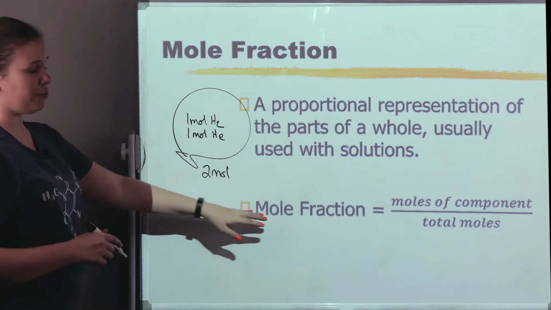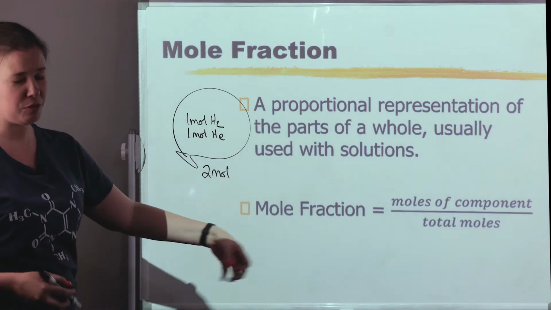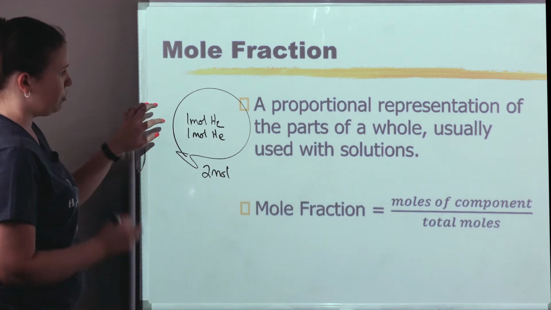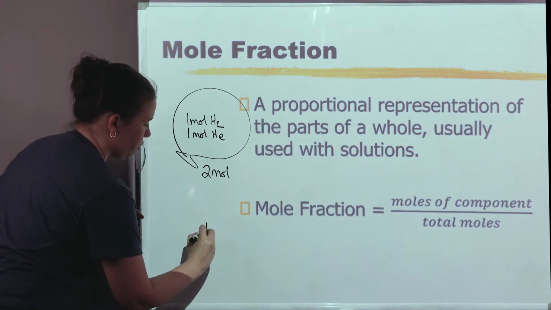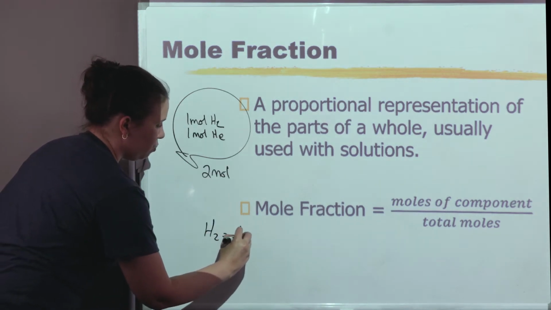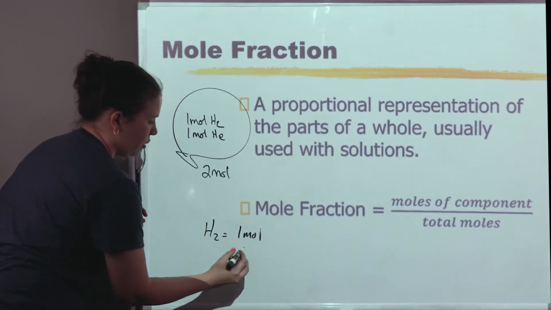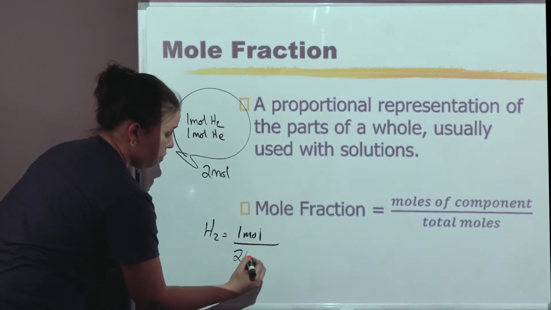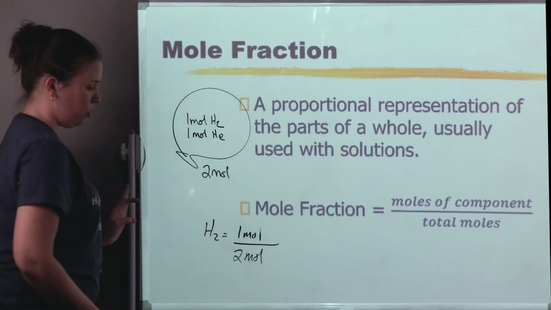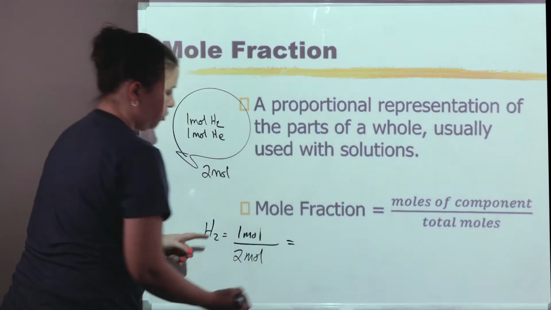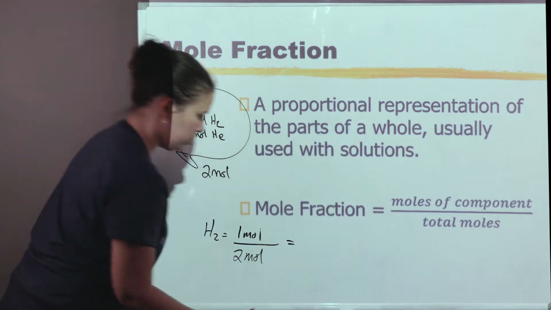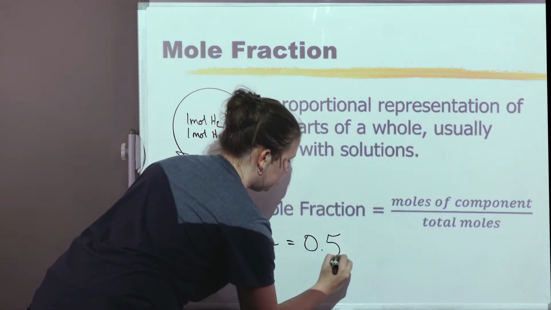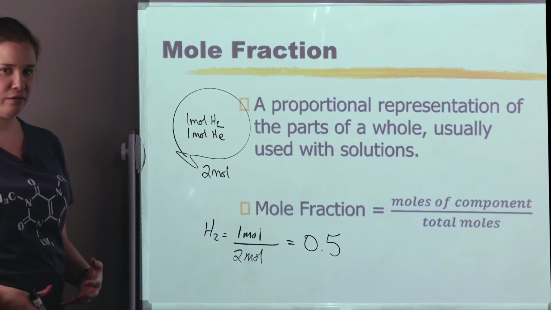The catch is mole fraction is actually kind of a misnomer. It doesn't really mean fraction. So here's how I would do it for this example. Let's say I want to find the mole fraction for the hydrogen, which would just be 1 part hydrogen divided by the 2 total moles in the whole balloon. So that would be a mole fraction of a half, right? Mole fractions are actually represented in decimals. So the mole fraction should actually be 0.5.